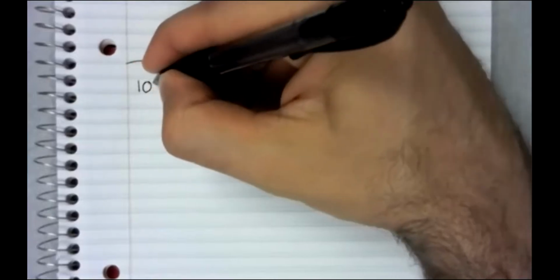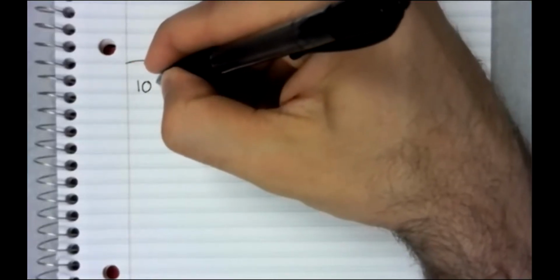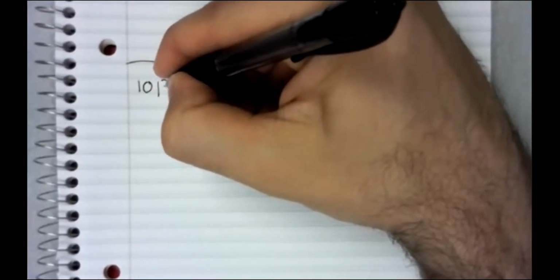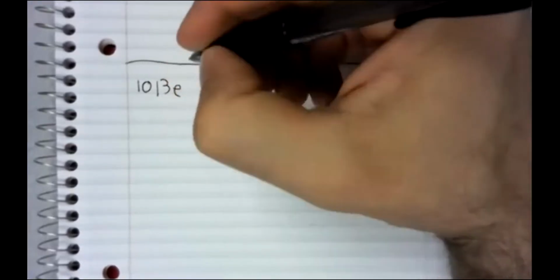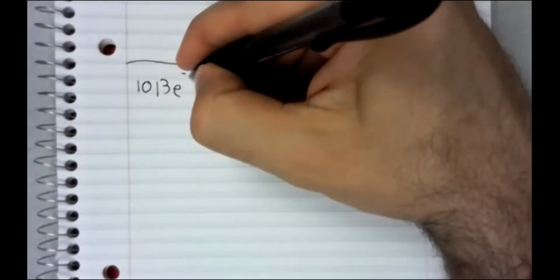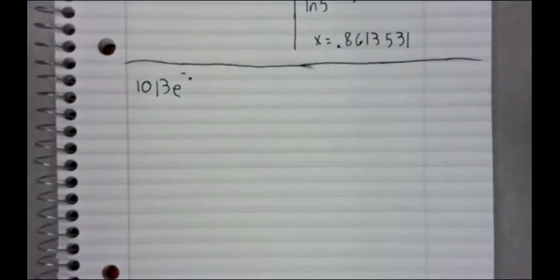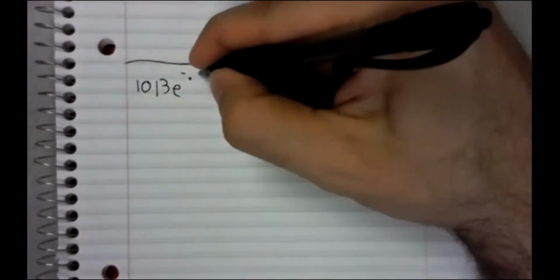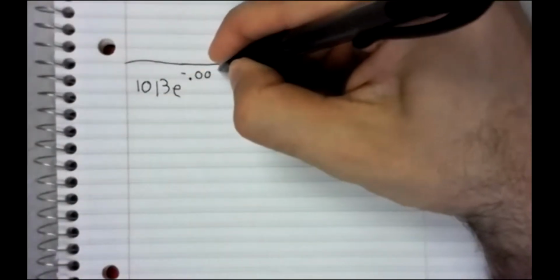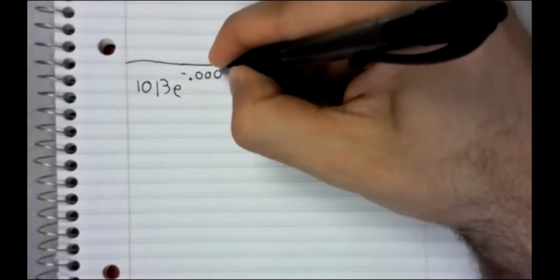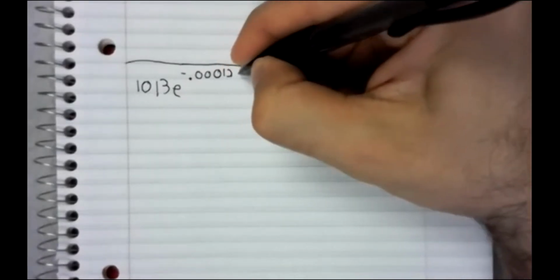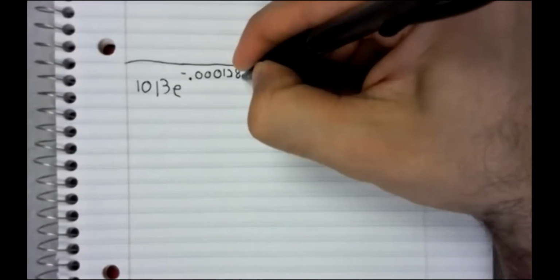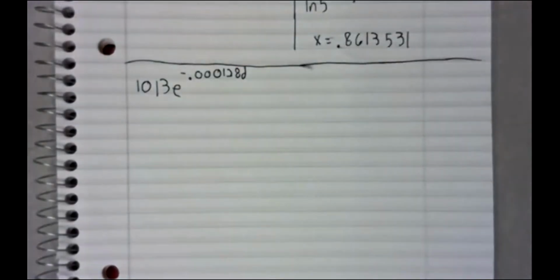So the atmospheric pressure is this. That's quite a decimal. It looks like 3 zeros, then 1 to 8 to D.